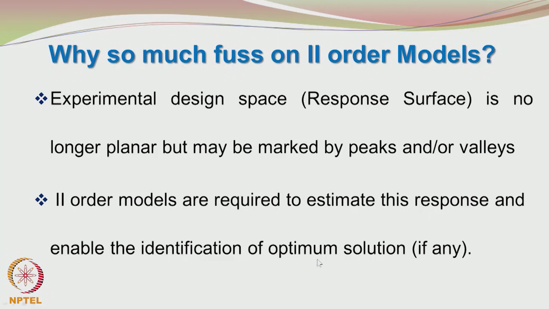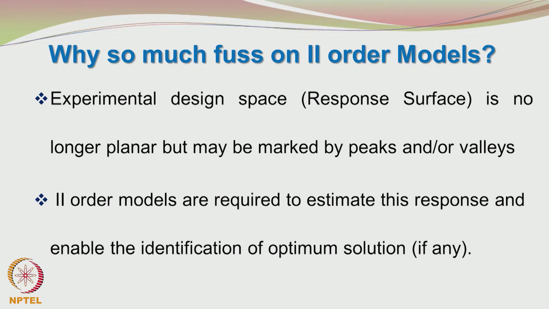A peak is a mountain kind of thing and a valley is a depression kind of geography in the experimental response space. So, in order to capture these peaks and valleys, second order models are required, and the moment you talk about peaks and valleys, you are also looking at the best possible optimum condition or the best possible minimum condition.